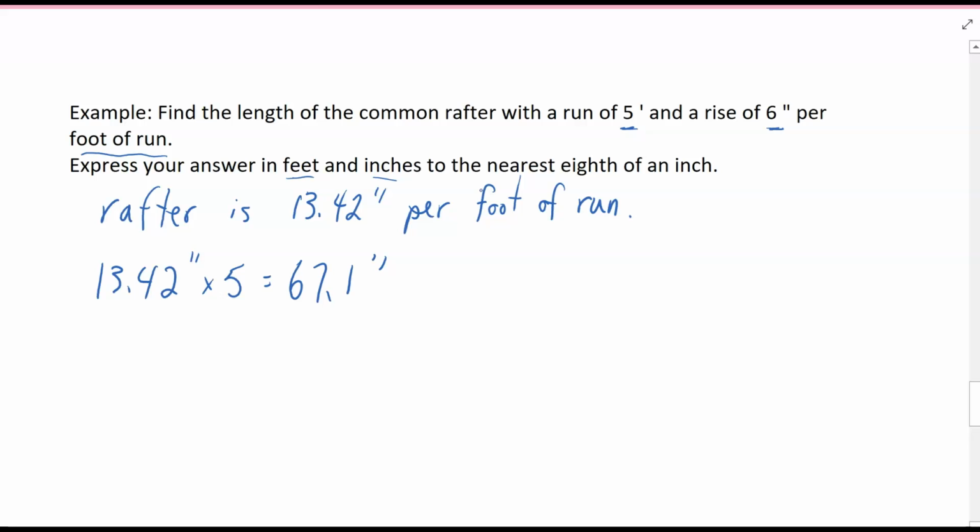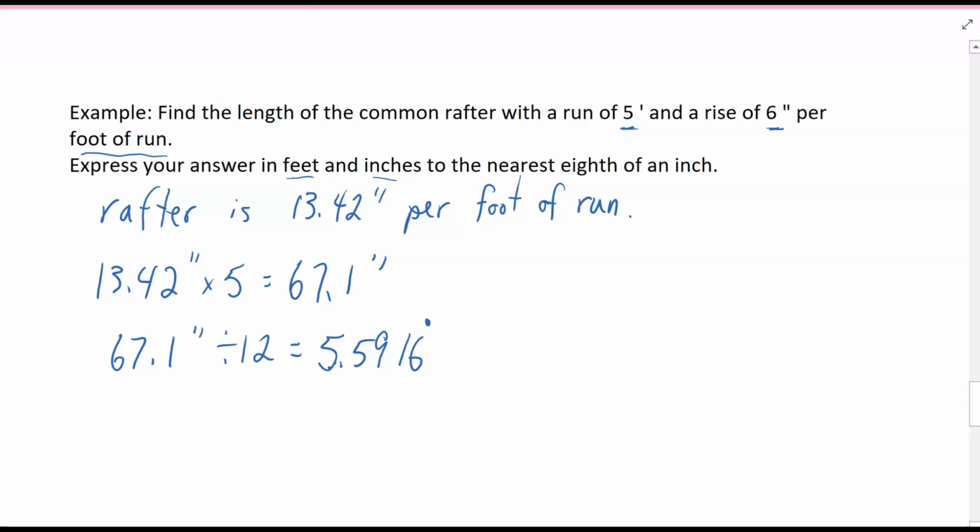So 67.1 inches divided by 12 is 5.5916 repeated. Okay.